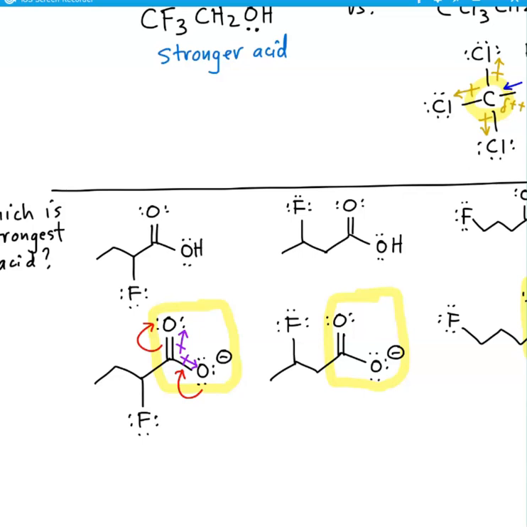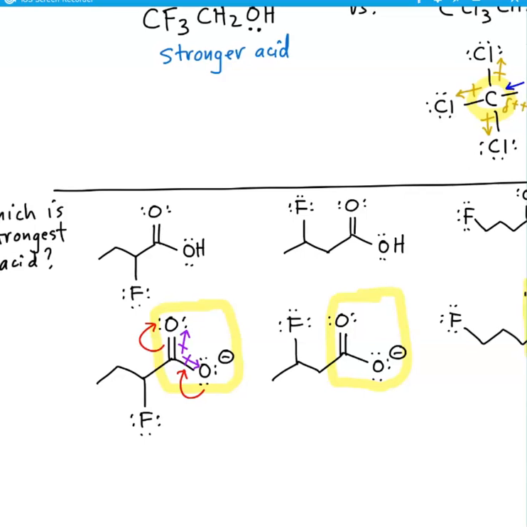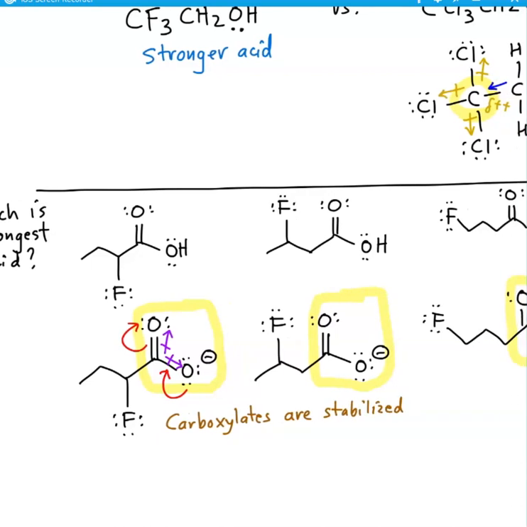So a carboxylate is stabilized by both resonance and an inductive effect. So resonance and inductive effects are at play.